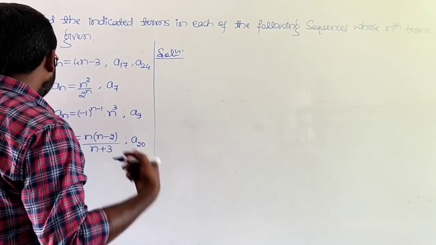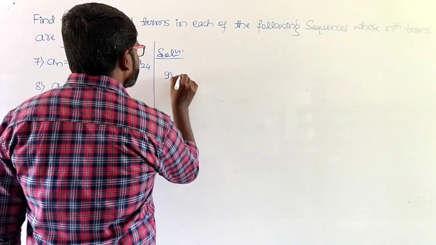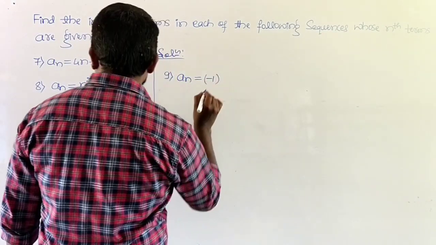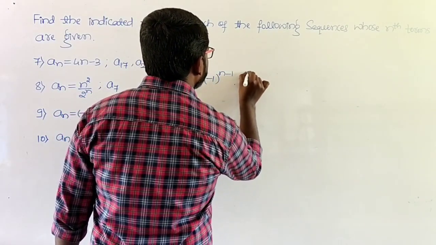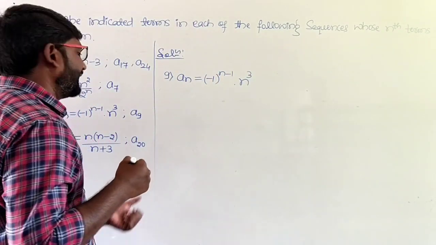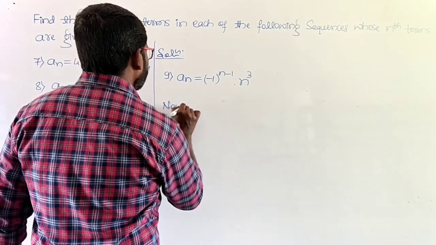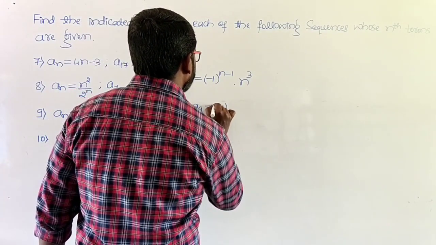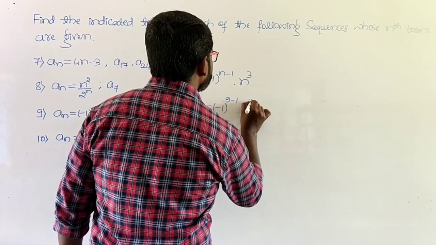Okay, let us solve the ninth one. a_n is equal to (-1)^(n-1) into n cube. So here we will have to find a9. So now a9 is equal to minus 1 to the power 9 minus 1 into 9 cube.